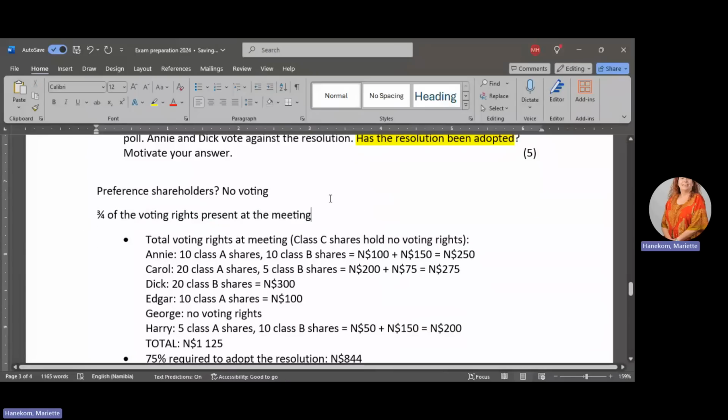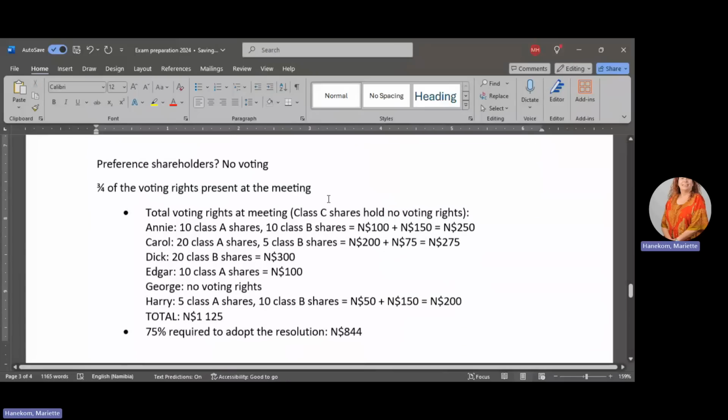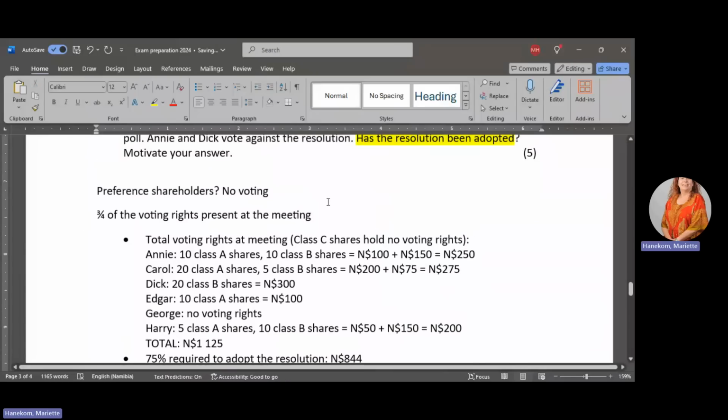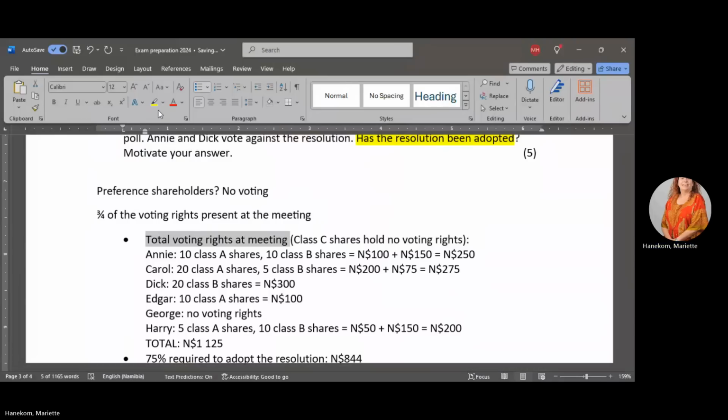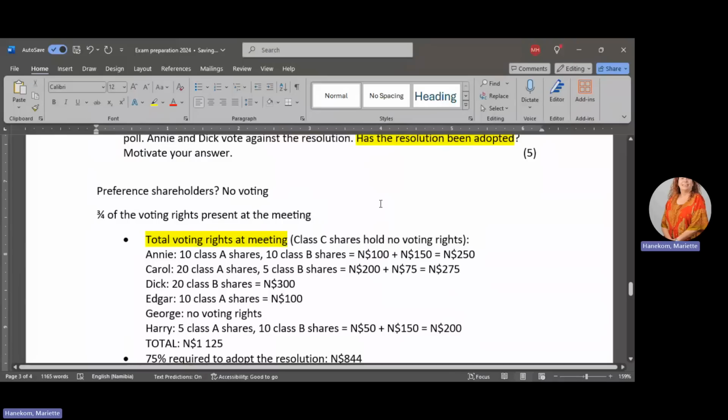So 3/4 of the voting rights present at the meeting, which means we have to calculate the voting rights at the meeting. That is your first step. What were the voting rights at the meeting?